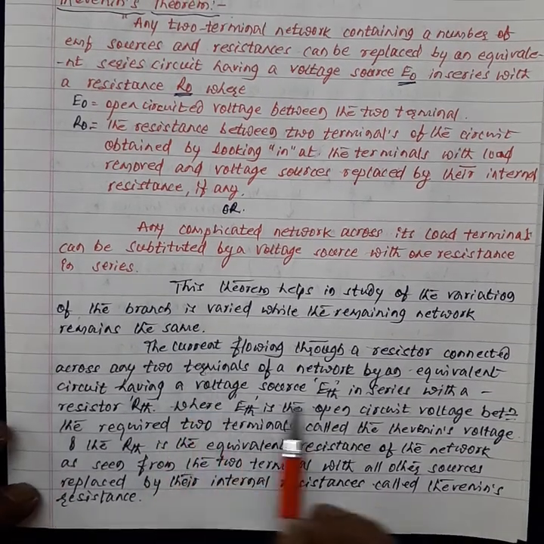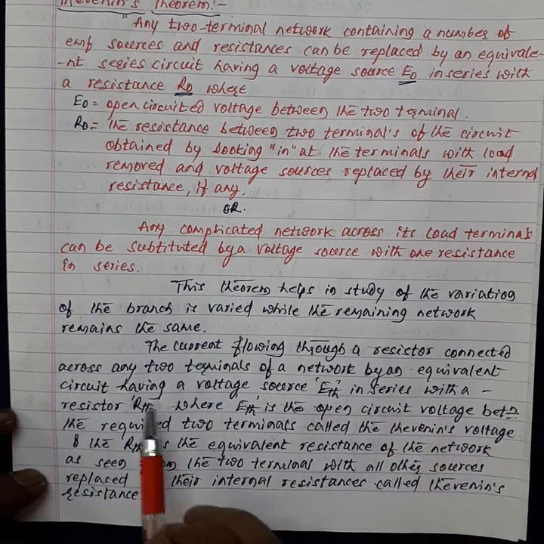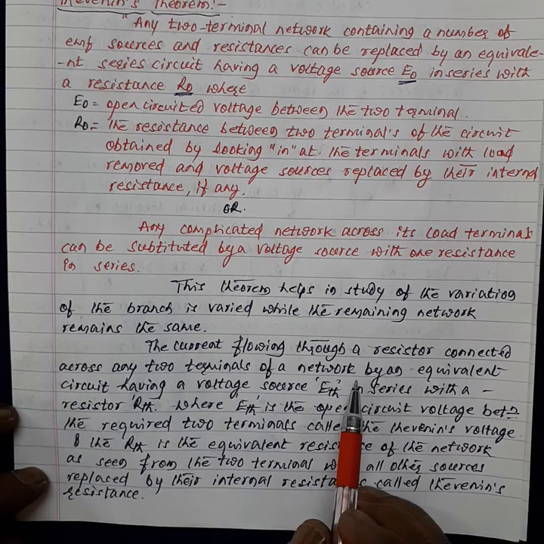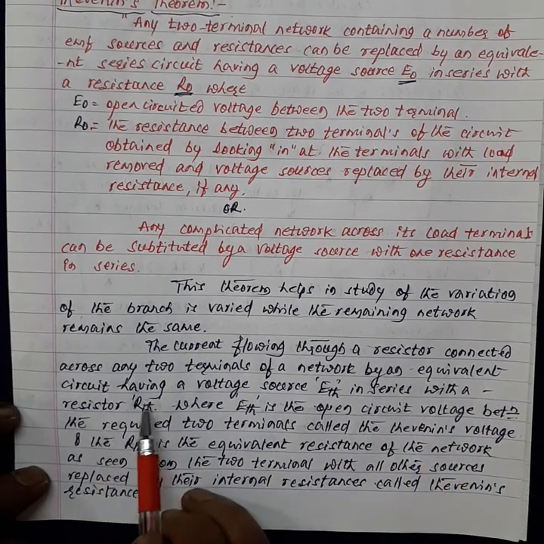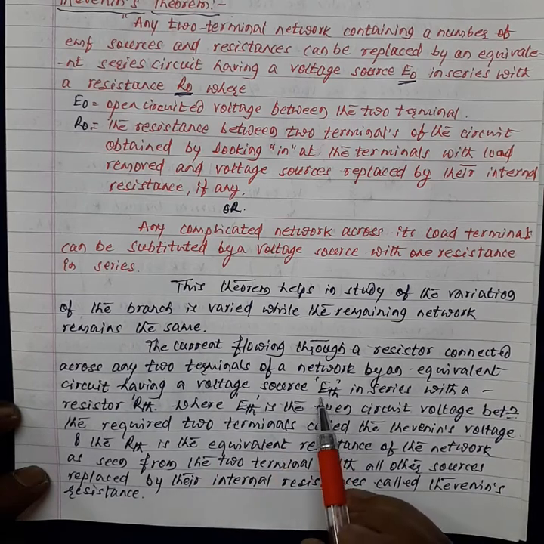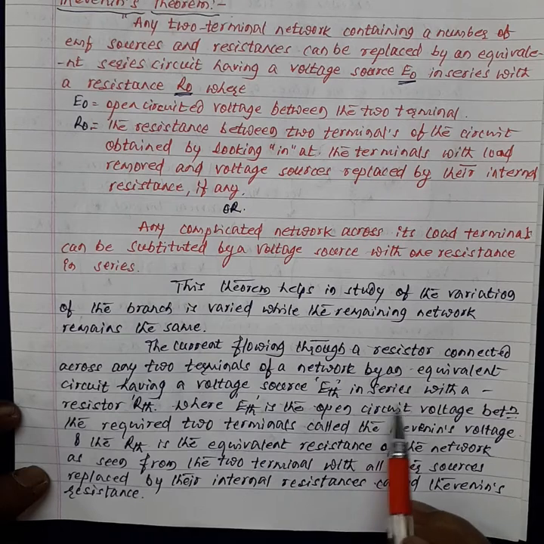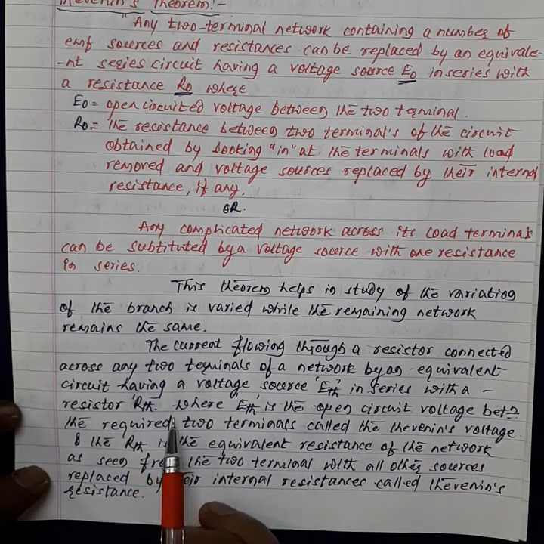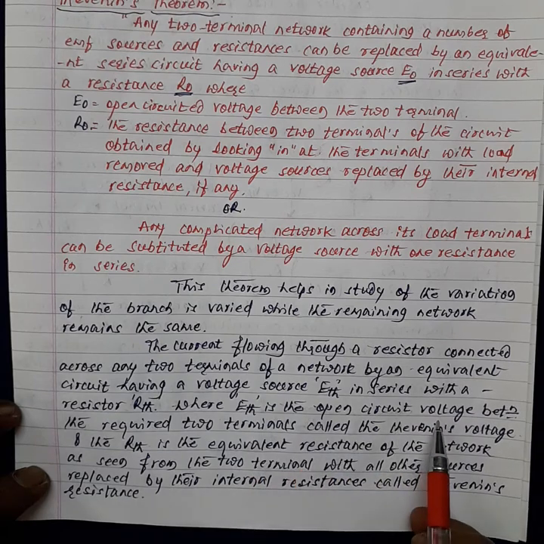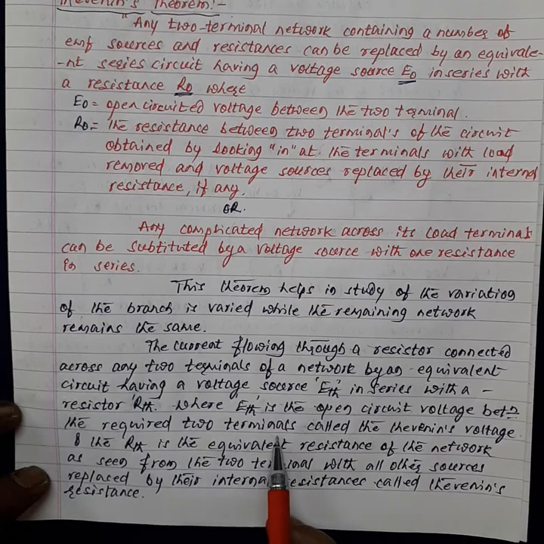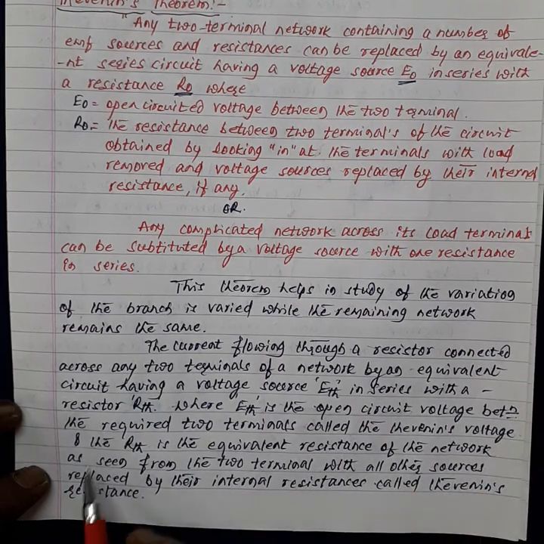Here the current flowing through a resistor connected across any two terminals of a network can be found by an equivalent circuit having a voltage source, say ETH, in series with a resistor, say RTH, where ETH is the open circuit voltage between the required two terminals, called the Thevenin's voltage, and RTH is the equivalent resistance of the network as seen from the two terminals with all other sources replaced by their internal resistances, called Thevenin's resistance.